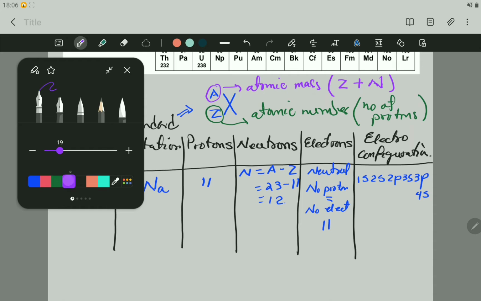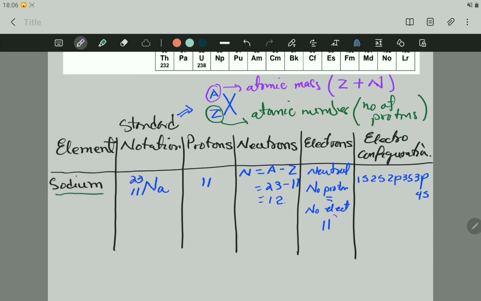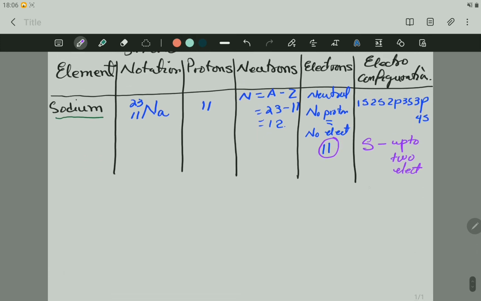So, for example, we have to represent a total of 11 electrons. Now, remember, the orbital s can hold up to 2 electrons, and the orbital p can hold up to 6 electrons. All right, s can hold up to 2 electrons, p can hold up to 6.